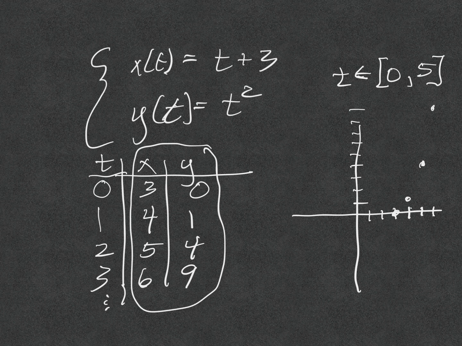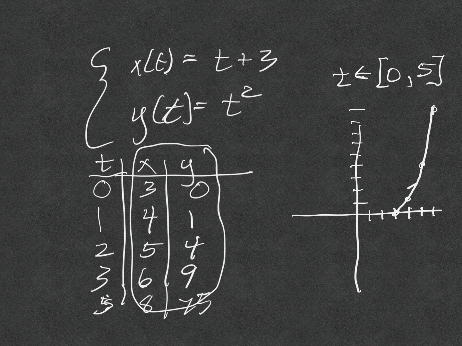So it would be up here. And so, we would do this all the way to 5. So at t equals 5, we'd have 8 and 25.